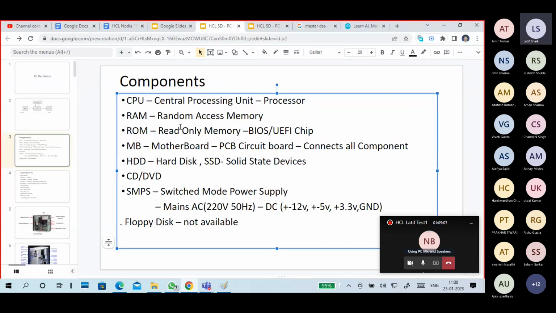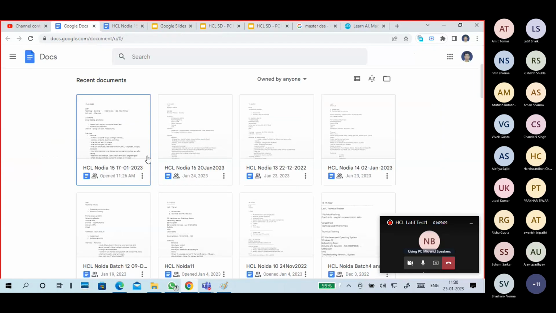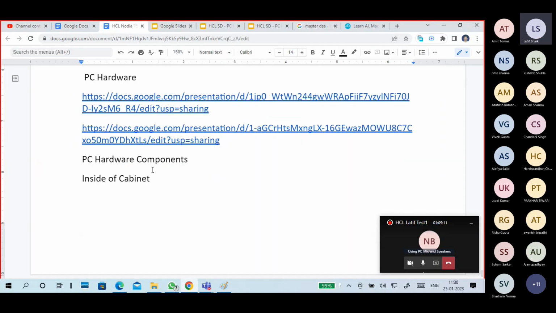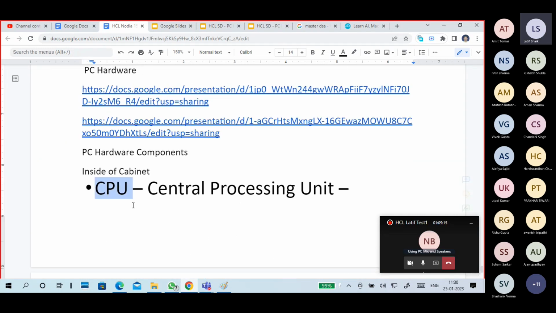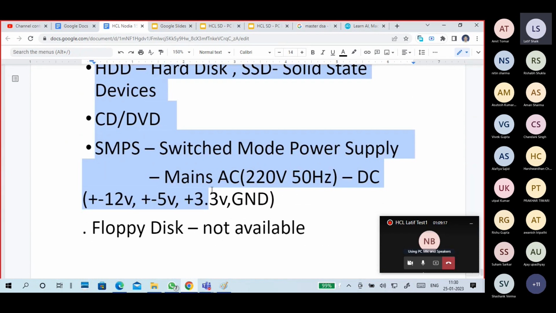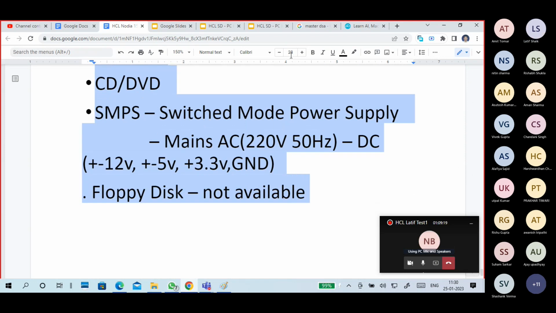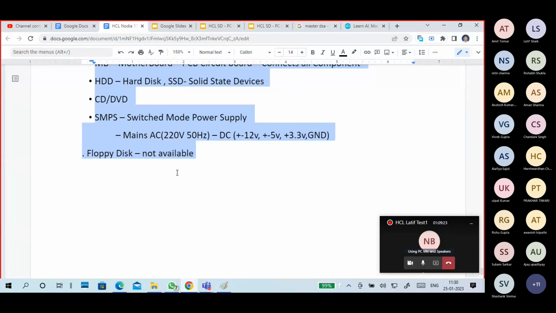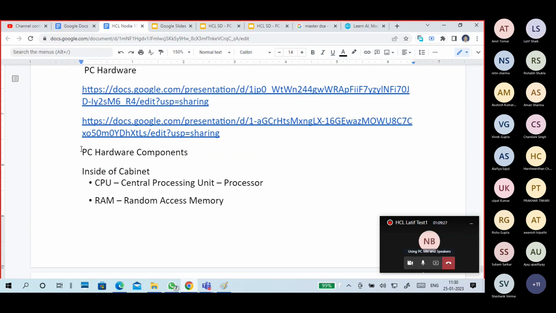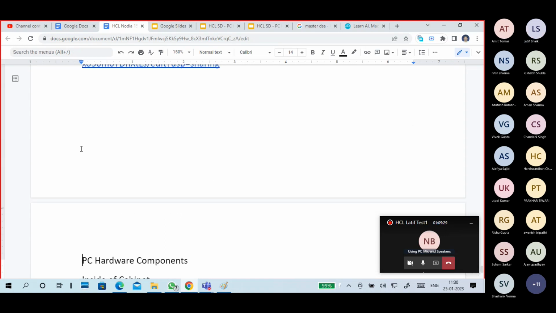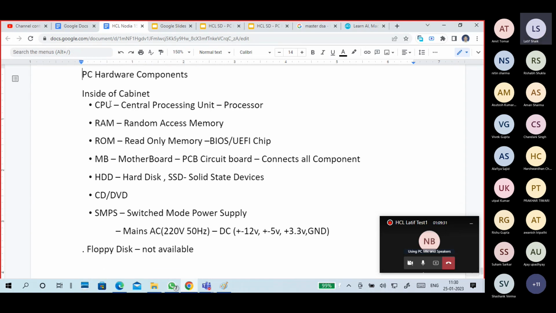So we have a CPU. What is CPU? Central processing unit, or we can say a processor.